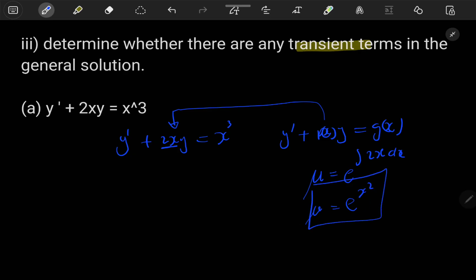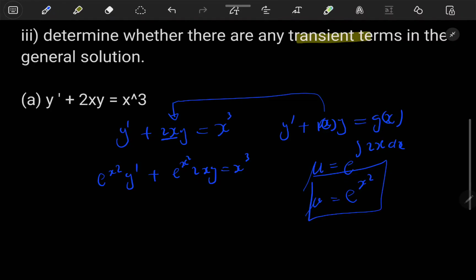What we mean is that if we multiply by this factor throughout, it will yield something that really looks like a product rule. So it's going to be e^(x squared) y prime plus 2 e^(x squared) xy equals e^(x squared) x cubed.